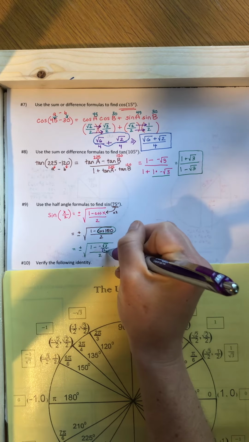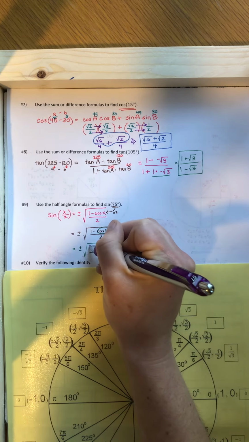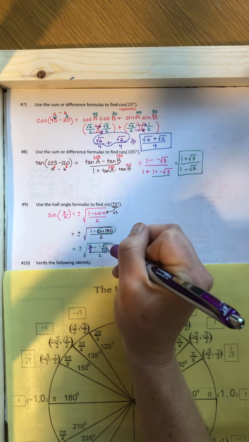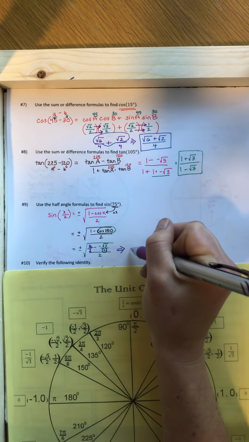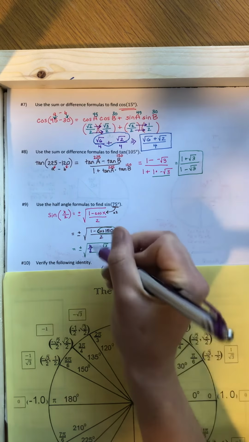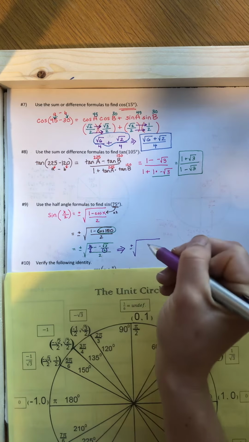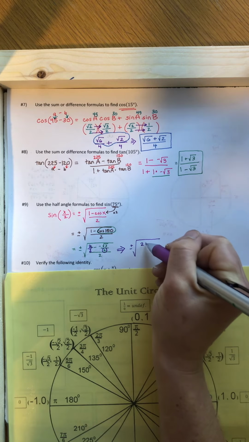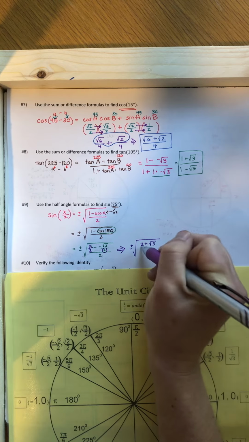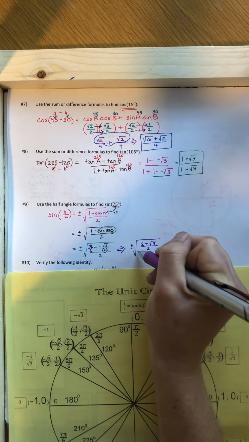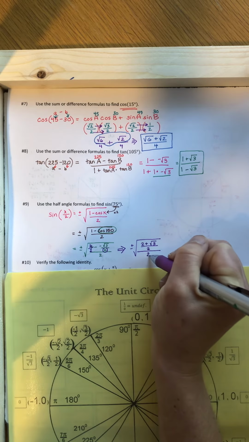So whatever the denominator is here, that's what we replace the 1 with. So it's going to be 2 over 2. What is 2 minus negative square root 3? Well, that's 2 plus square root 3. The denominator is 2, and the denominator under that is 2.